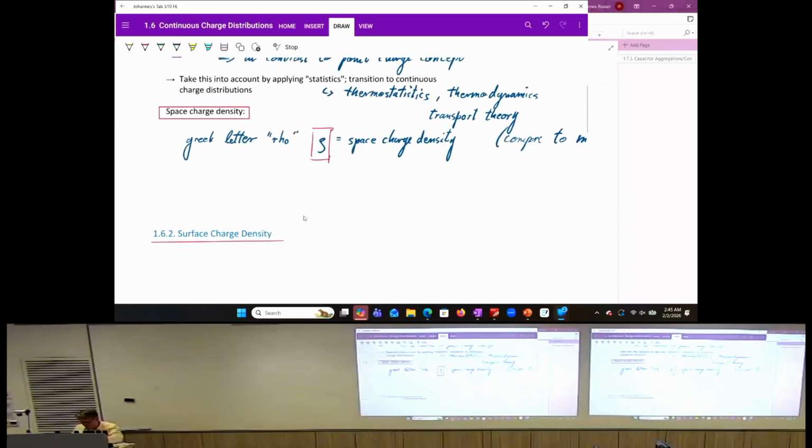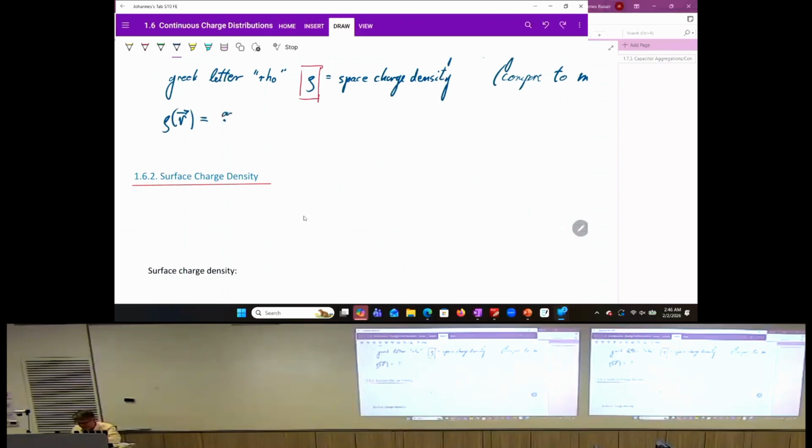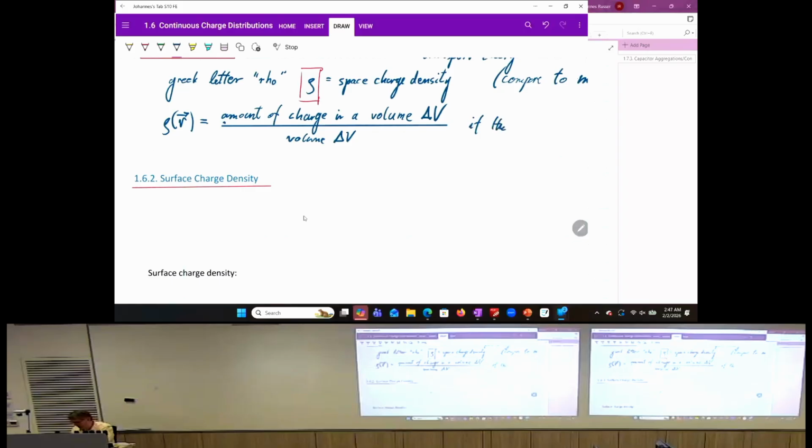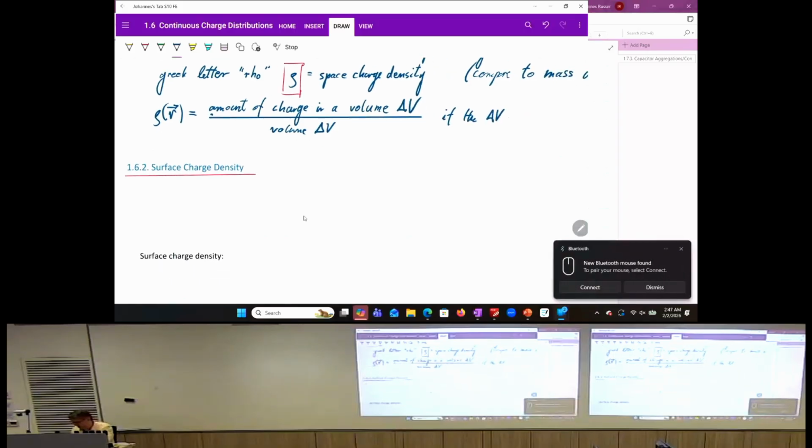However, our rho is also a function of r, and it gives us the amount of charge in a volume delta V over the volume delta V. So that's the ratio. And we assume then that this delta V goes to an infinitesimal value, so it becomes a small dV here.